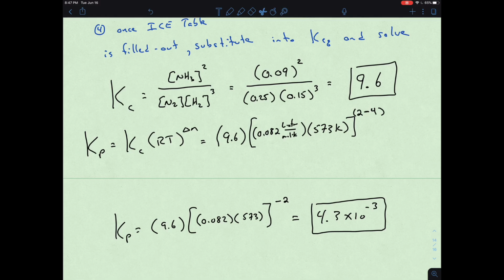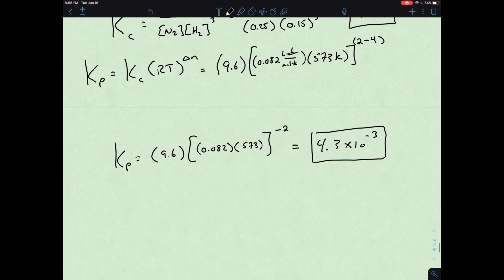Pretty straightforward. Since we had equilibrium values, we introduced the idea of the ice table, and now in these other examples we're going to start to fill in that ice table a lot more. Let's look at another example where we get more involved with that ice table.